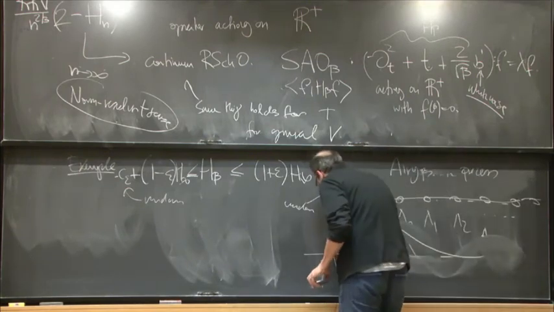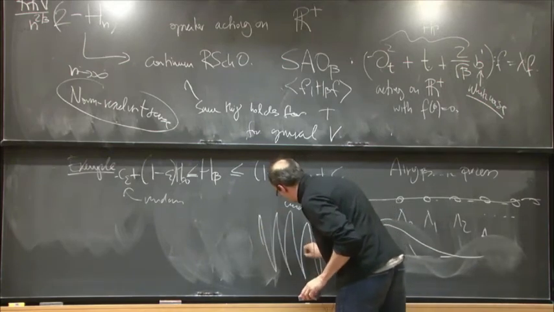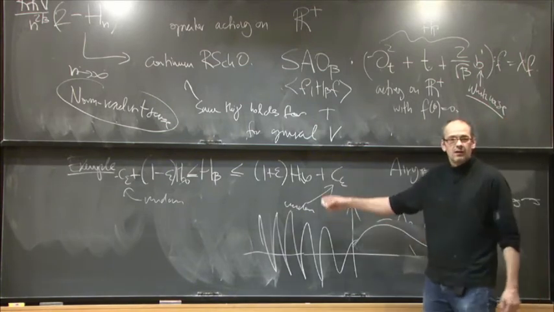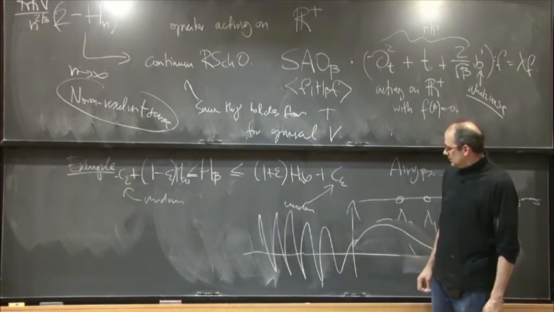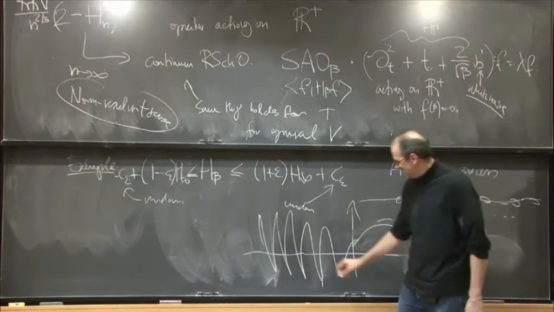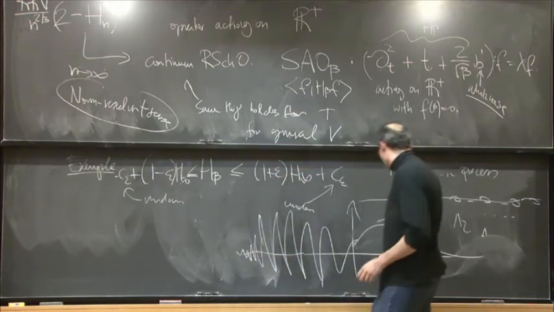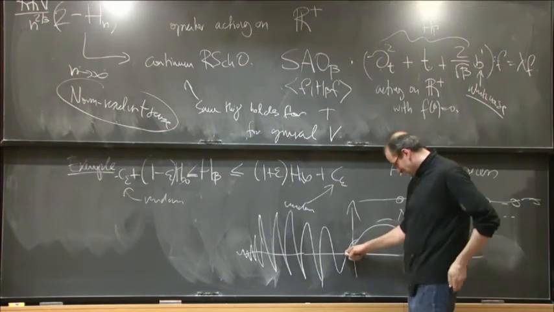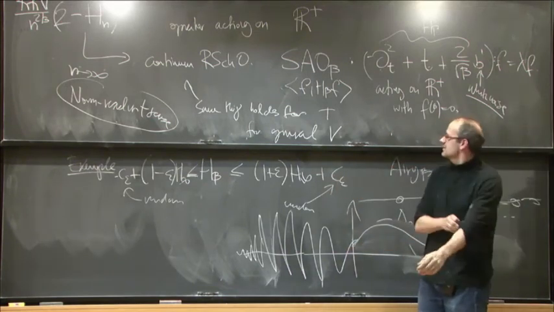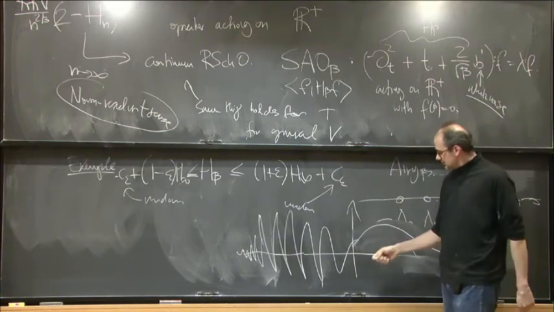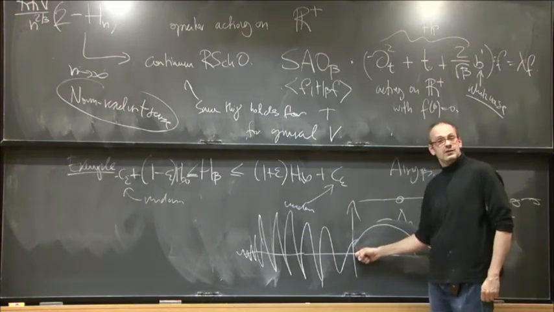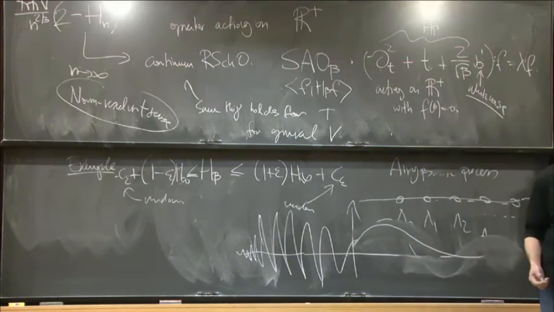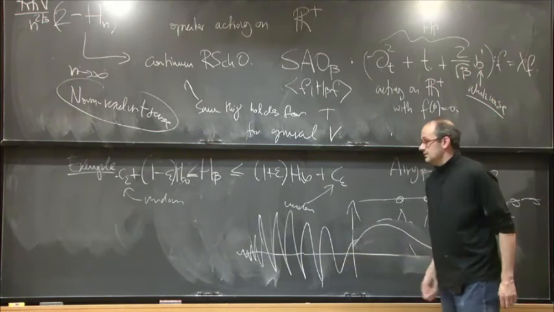It decays, and then here it oscillates more and more, but faster and faster. So the eigenvectors of this, because it's a translation invariant thing, are just going to be this guy translated in a way such that the boundary condition is satisfied. Right? So you're just going to move it to the zeros.